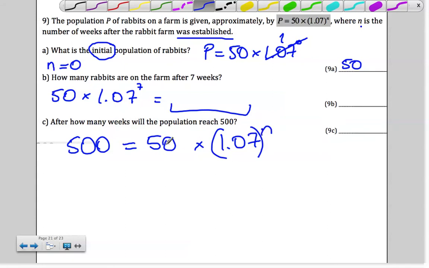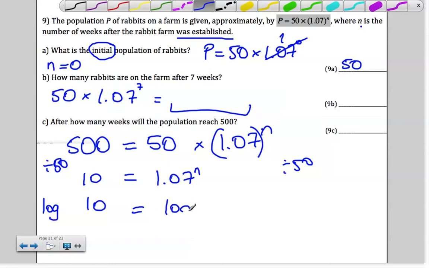Let's get rid of one layer at a time. Let's get rid of the 50 first. Divide by 50 gives us 10 equals 1.07 to the n. And then we apply log base 10 to both sides. So log of 10 equals log of 1.07 to the n.